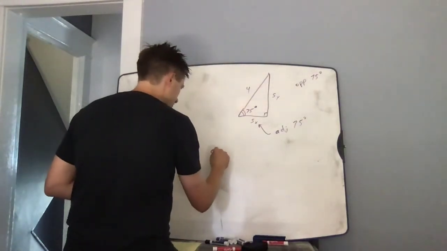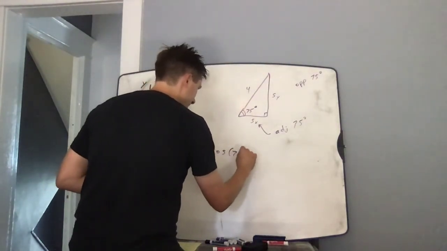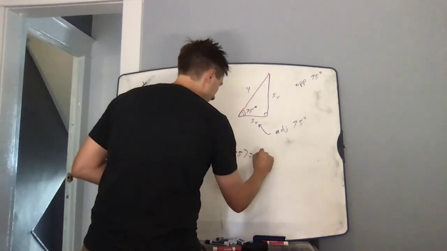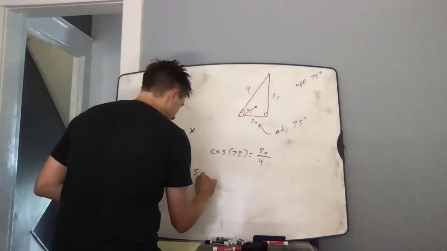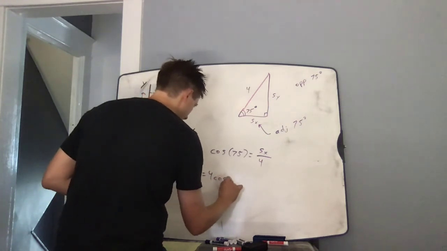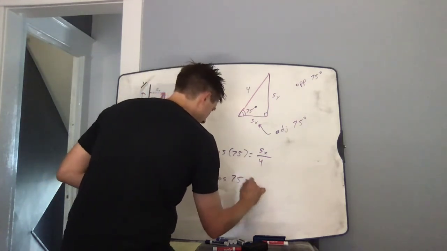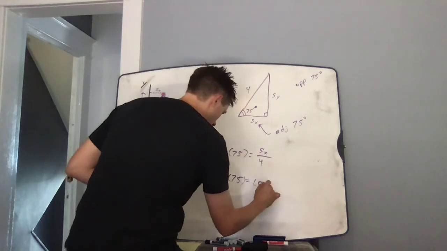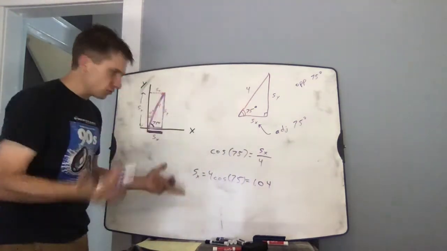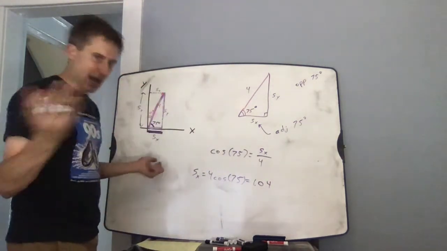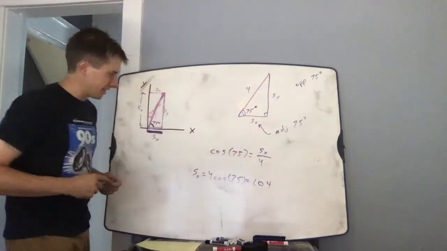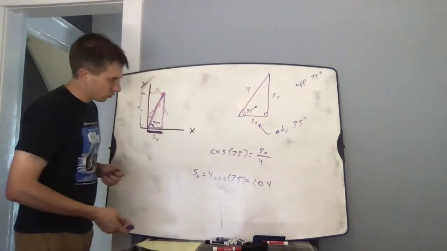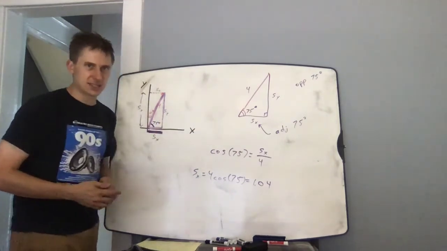So I could say cosine of 75 is equal to Sx over 4, and I then get Sx is equal to 4 cos 75, and I still get 1.04. And if you do the same thing for Sy, I'll leave it to you to do in your notes, you would also get, by the same method, Sy is equal to 3.86.